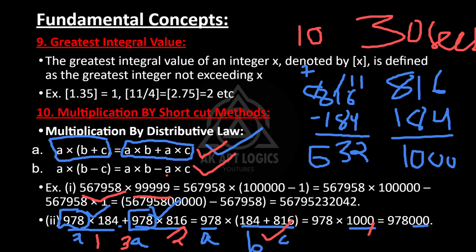So without tension, if you want to write the exam, you must remember these formulas and you must identify what is A, what is B, what is C, and which formula is suitable for this particular sum, and which formula is suitable for some other sum. Yeah, we have to identify.